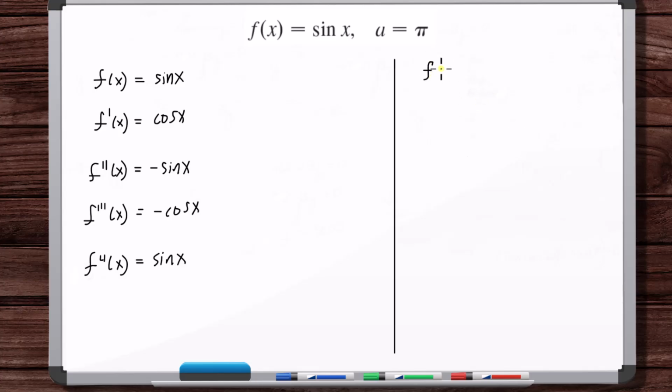Now plug in pi. So sine of pi is 0. Cosine of pi is -1. So minus cosine of pi is 1.